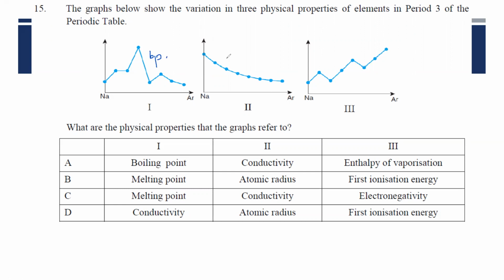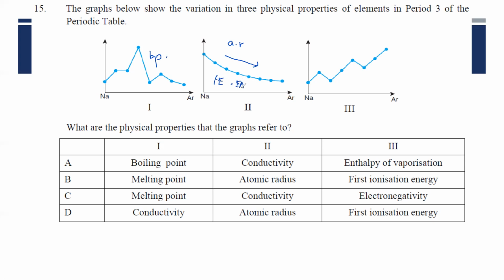As for number two, the graph shows a decreasing trend. What decreases when going down the group? You can have atomic radius. Other than atomic radius, what else is decreasing? Ionization energy, electron affinity.